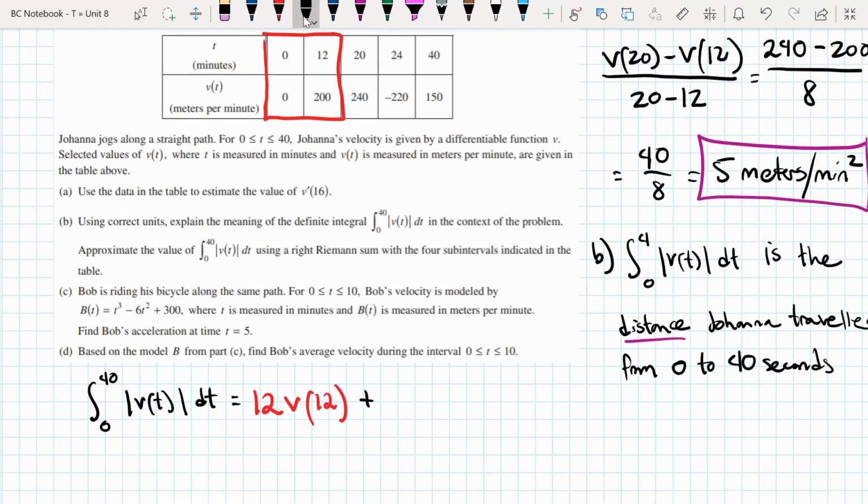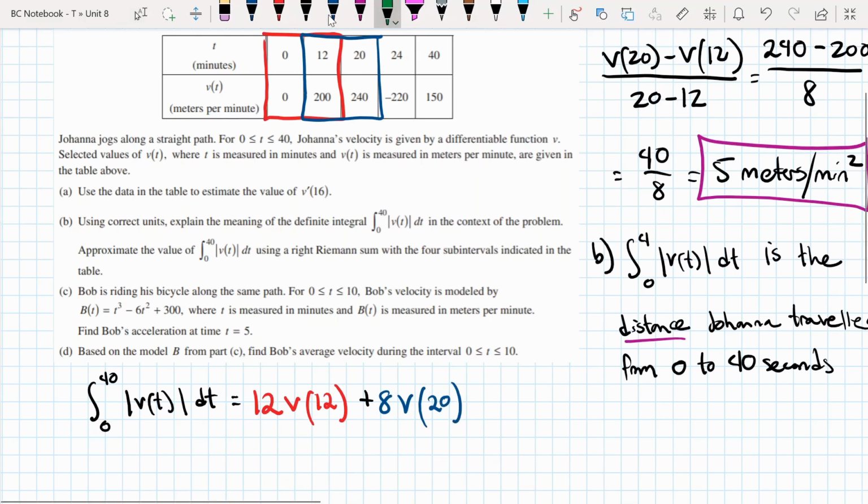Next rectangle is going to be the base times the height. Well, the base is going to be 8. That's the difference between 20 and 12. So 8 times the height at 20, which I'll just write as v of 20.